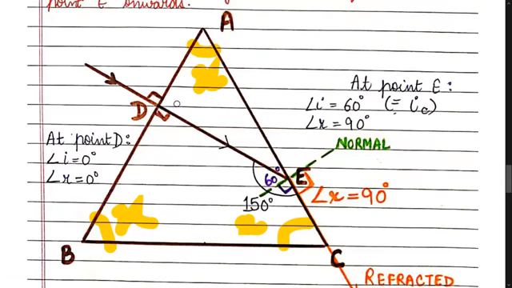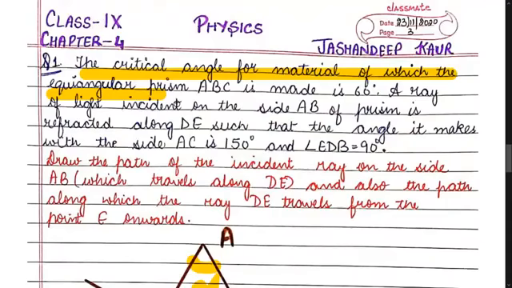So each angle is 60 degrees in an equiangular prism, and the critical angle is also given to be 60 degrees in this case.